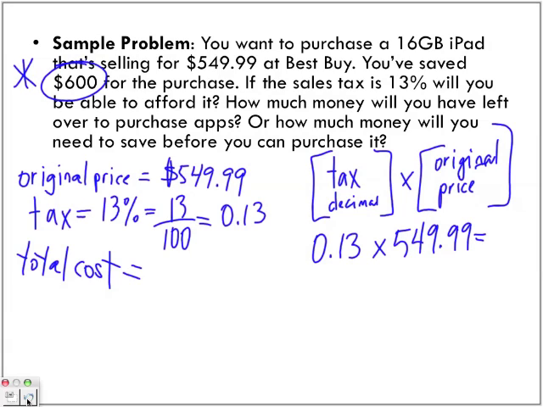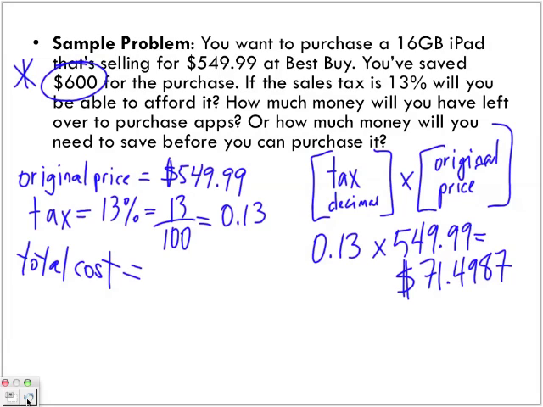What do we get when we multiply them? 71.4987. So what units does that represent? The tax, right? So it's a money value.